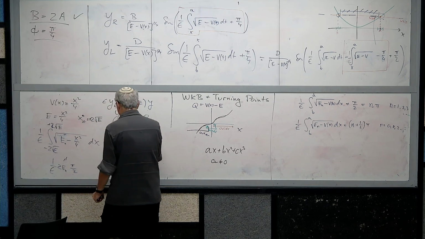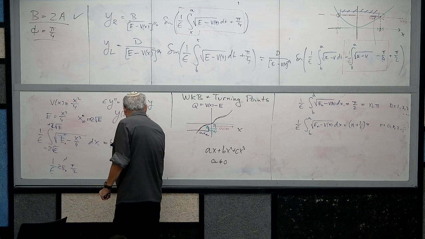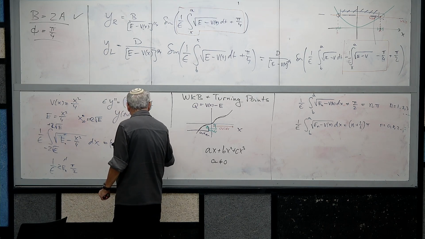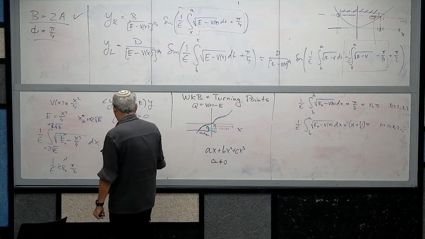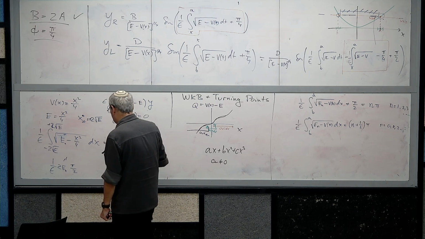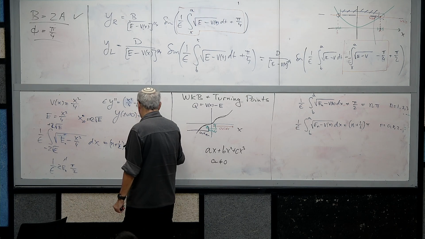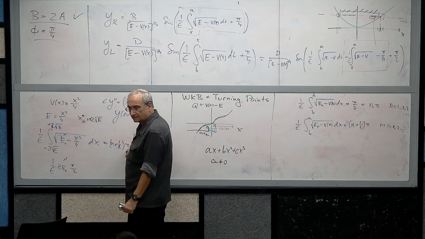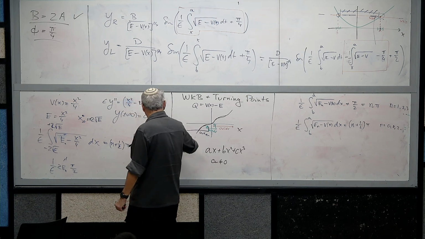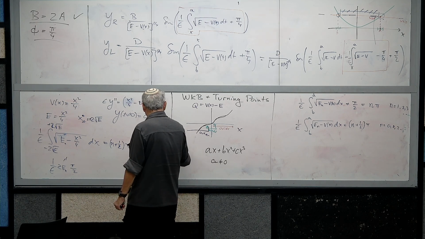And this must be equal to n plus 1/2 times pi. So now I obtain that E_n is what? The 2 and 2 cancel, and the pi cancels with that. So I have epsilon times n plus 1/2.